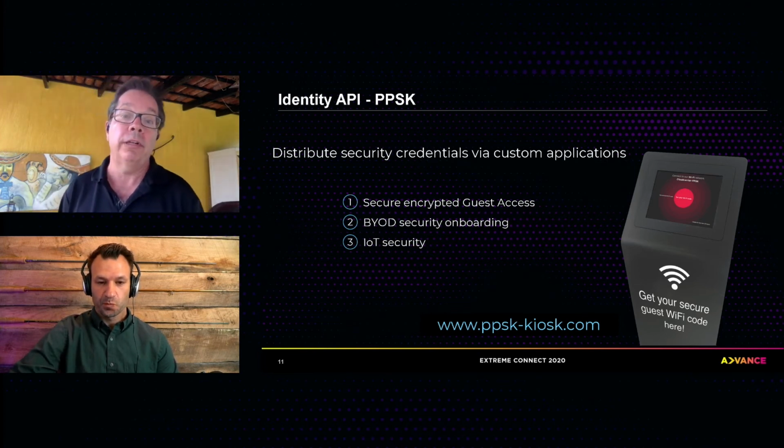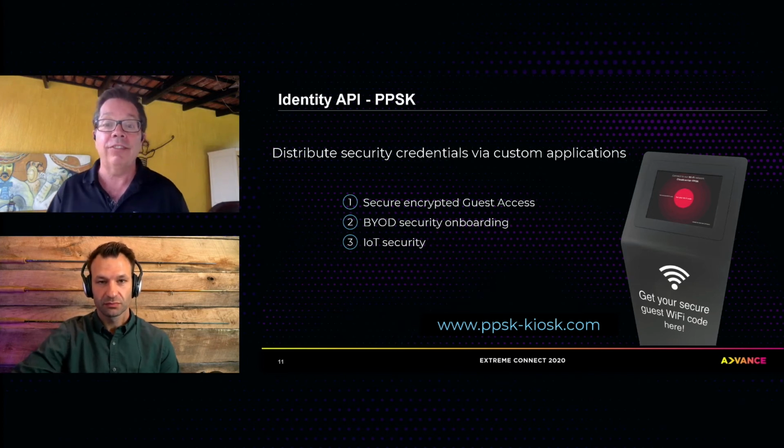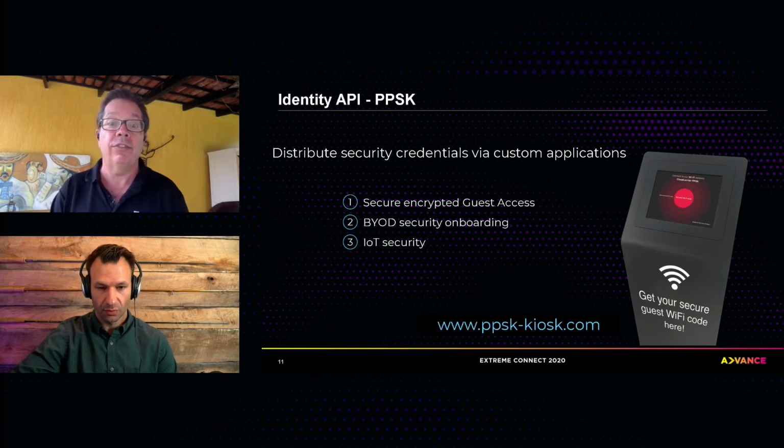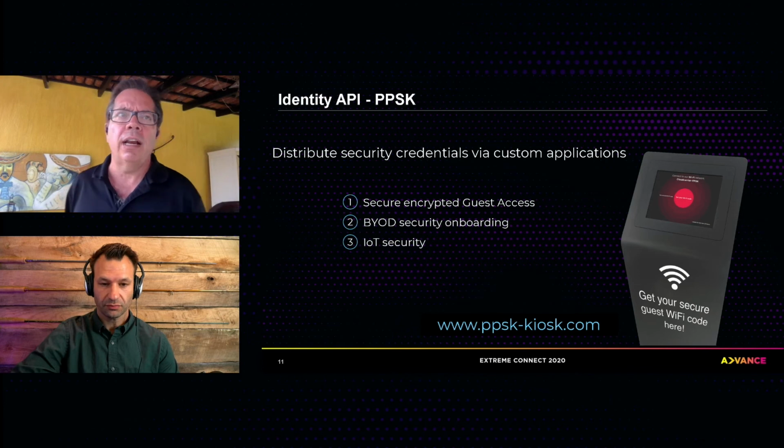One popular use case is you can have secure and encrypted guest access, and the PPSK, the unique one, is actually your credential to get onto an encrypted guest network. It's also a wonderful solution for BYOD security onboarding, and also IoT, where there's not a lot of 802.1X support for IoT devices.